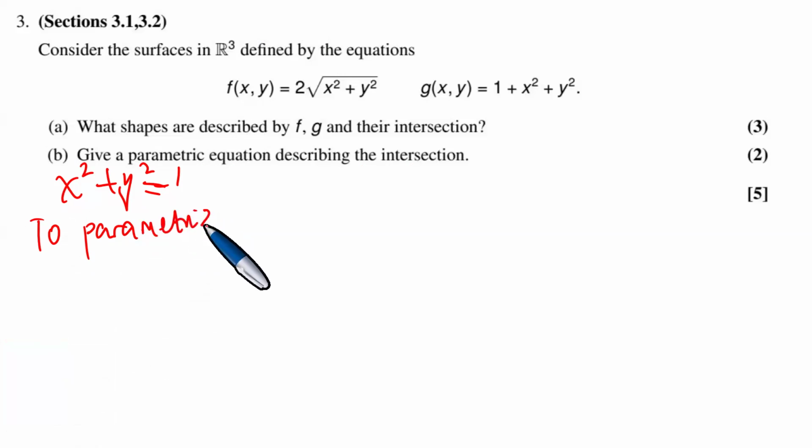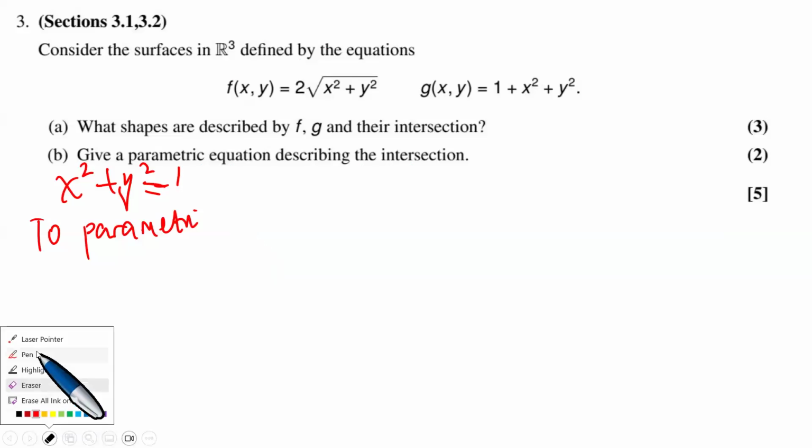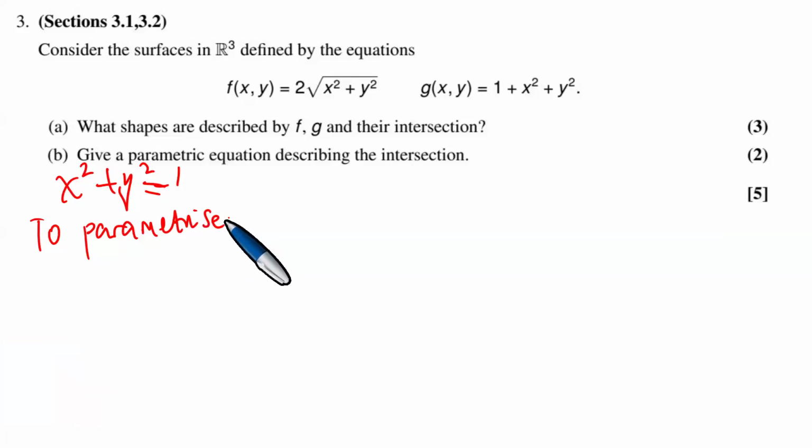Parameterize is the British spelling with an S, but the Americans spell that with a Z. So how do we parameterize this? That is the point of intersection, the intersection of the two curves here.